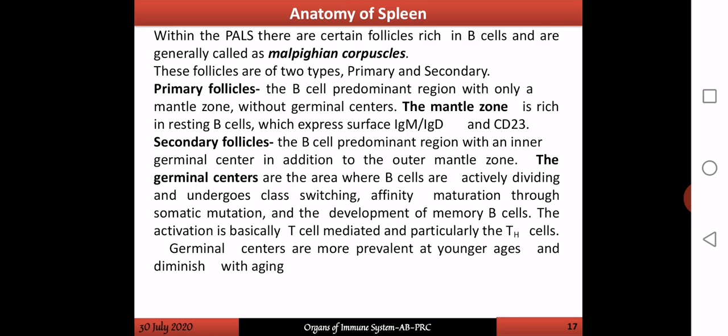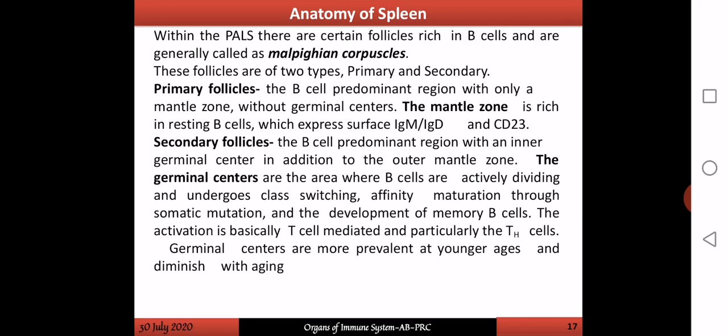The germinal centers are the area where the B cells are actively dividing and also undergo class switching. Class switching we will discuss in the coming session. It is the process by which different antibodies are synthesized in response to specific antigens. There will also be affinity maturation through somatic mutations, and development of memory B cells.